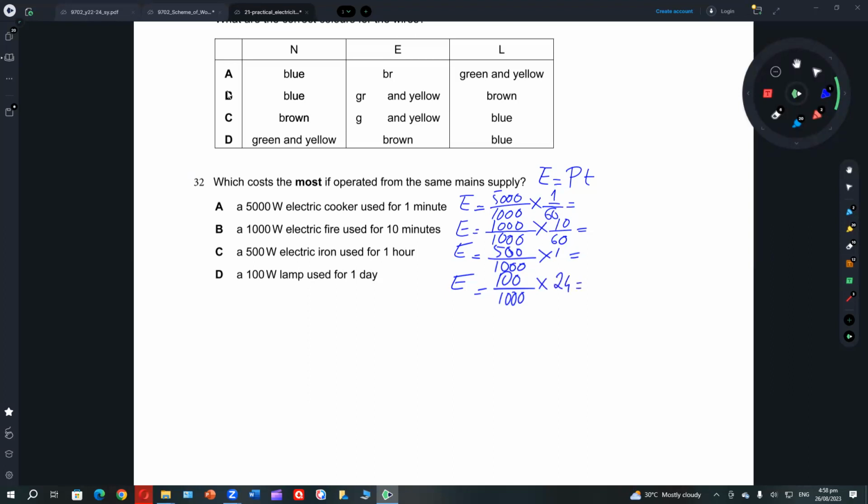When you calculate energy in this topic, the power must be in kilowatt and time must be in hour. Yes.